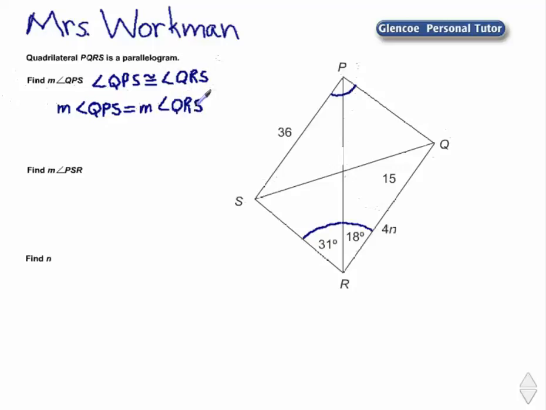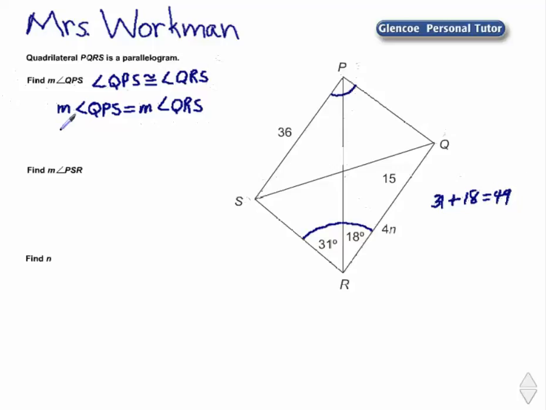I know that the measure of angle QRS is 31 plus 18, or 49, by the angle addition theorem.